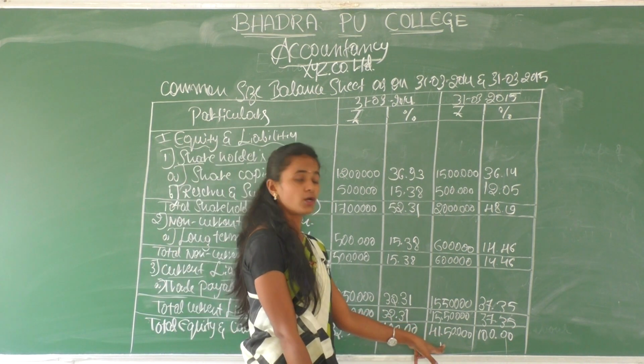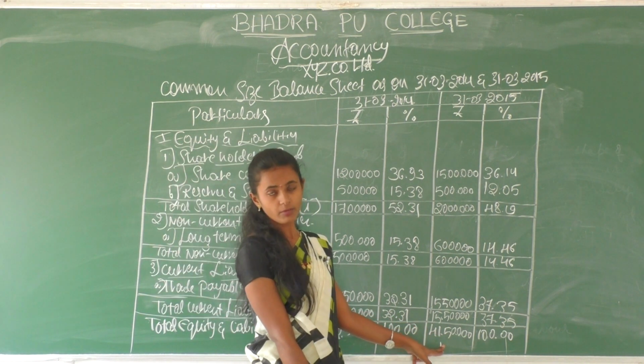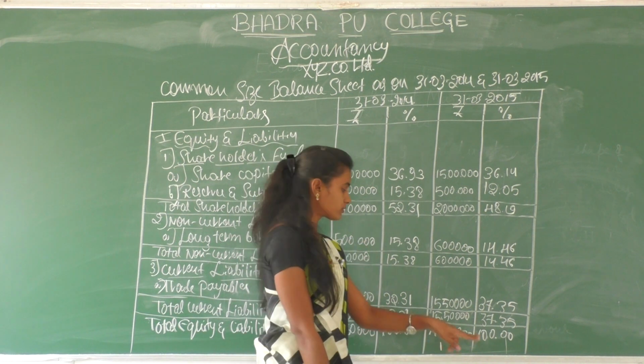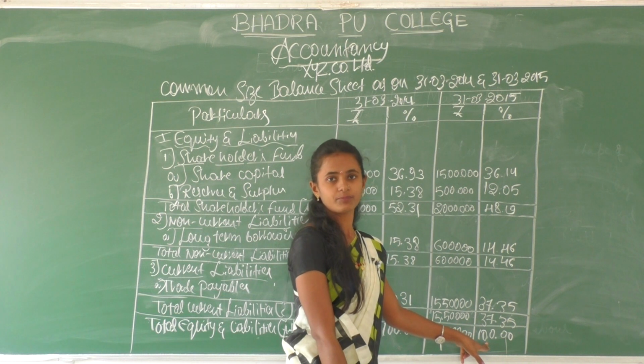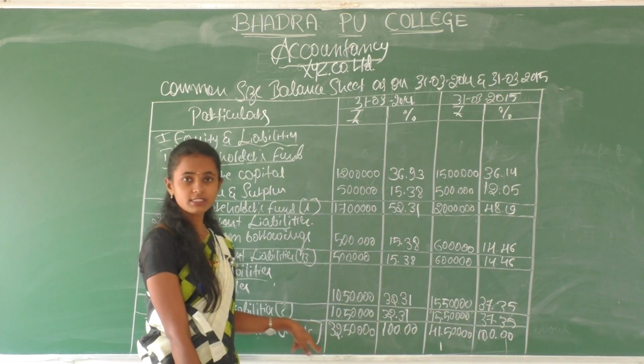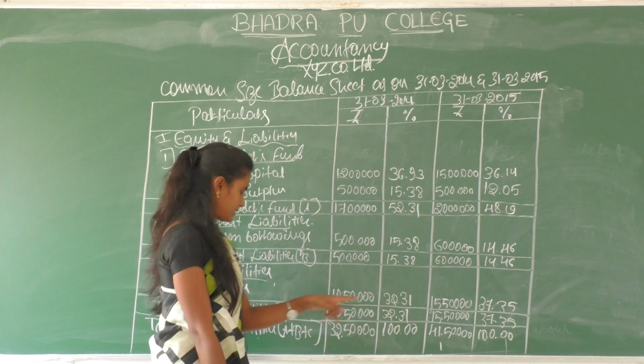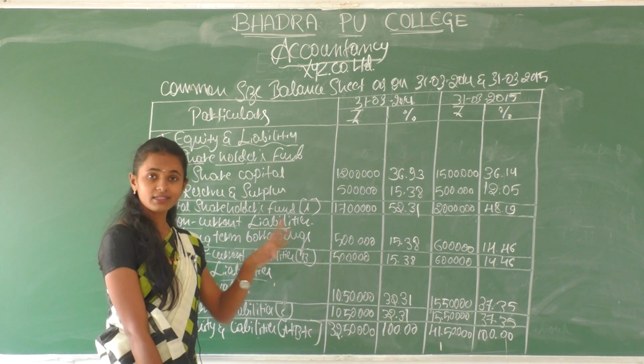And here also 41,50,000 divided by our common value, 41,50,000, into 100, again you will get 100%. Finally, we must always get 100% here. Yes, this is regarding total equity and liabilities.